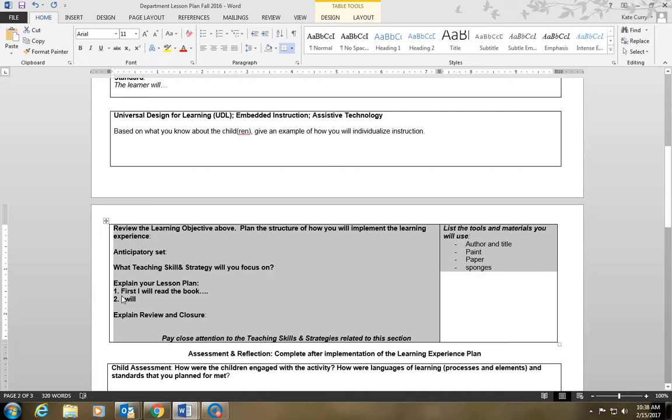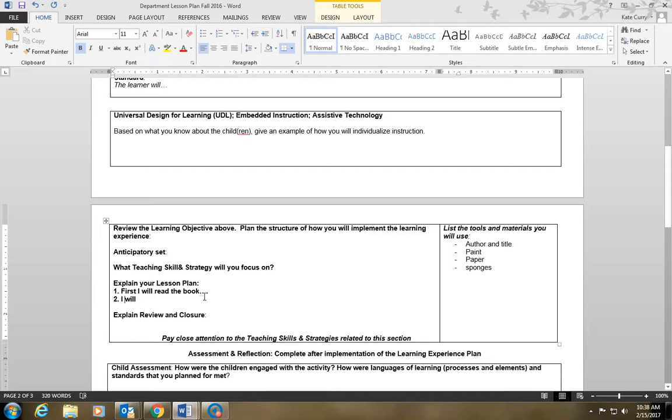So if you spell out things very specifically here, then I can absolutely do your lesson. If you say, read a book, I have no idea what you mean. But if you list the author and you say, read the book, numbers and colors, and ask these questions and then do this, then I can adequately teach that lesson.